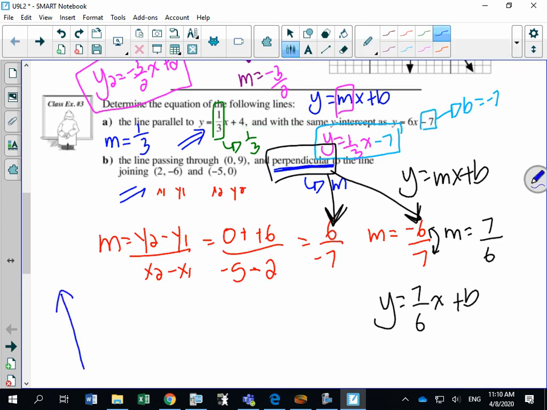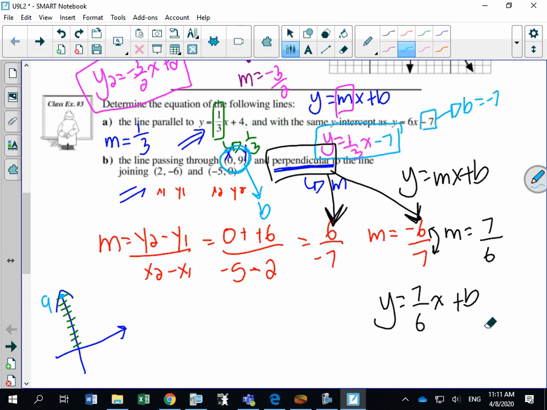What is 0, 9? x is 0, y is 9. 1, 2, 3, 4, 5, 6, 7, 8, 9. I hope you see that 0, 9 is your y-intercept. My y-intercept, or my b value, is 9.